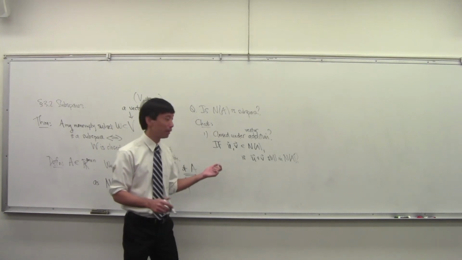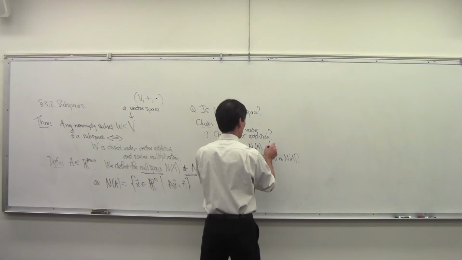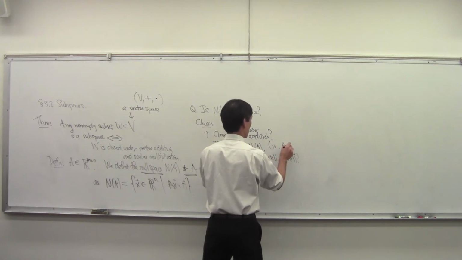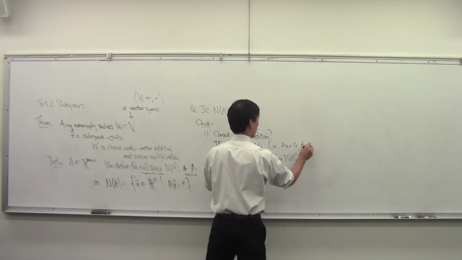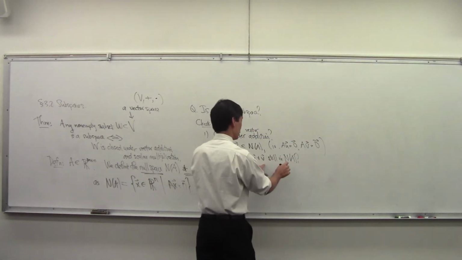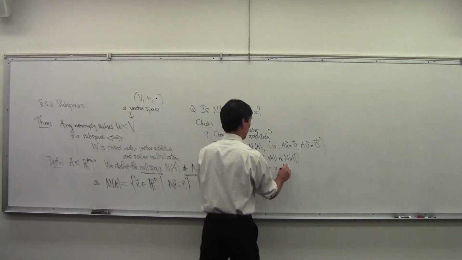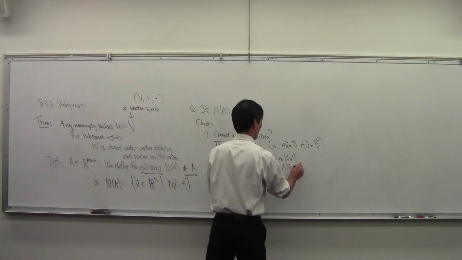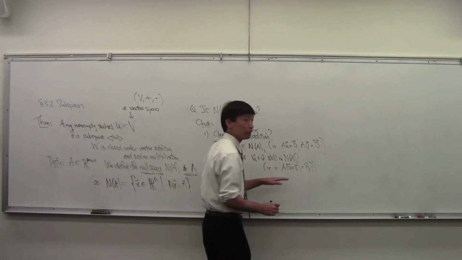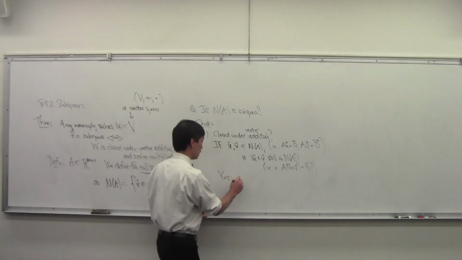Absolutely, right? If U and V are in the null space, in other words AU equals 0 and AV equals 0, is U plus V in the null space? In other words, is A(U plus V) equal to 0? And the answer is definitely yes.